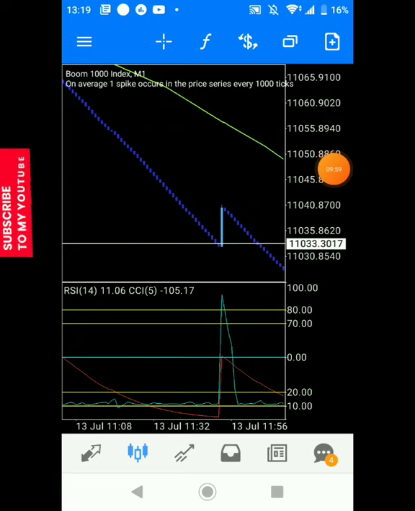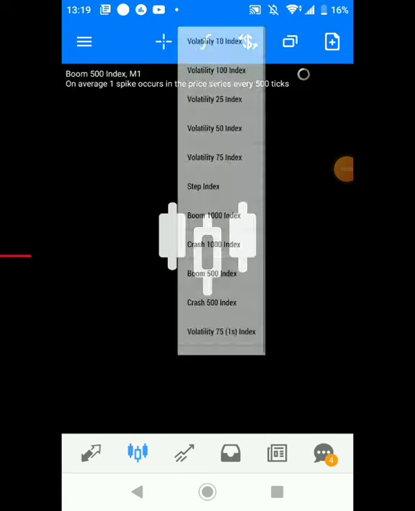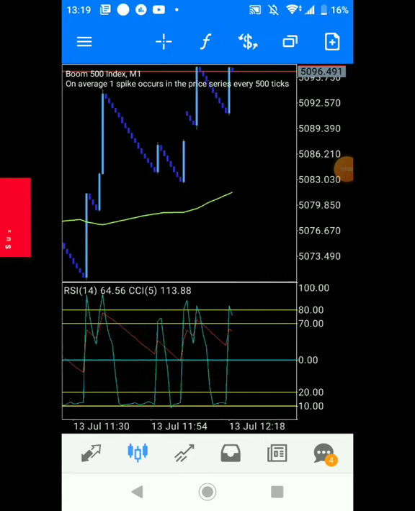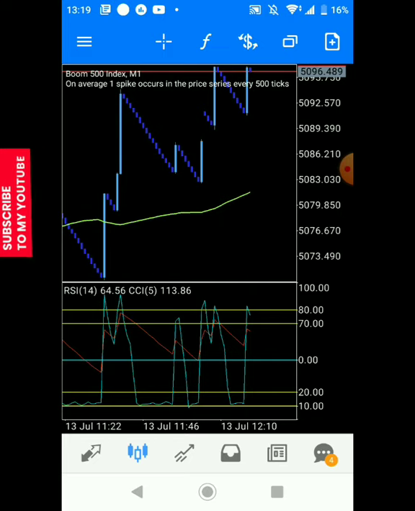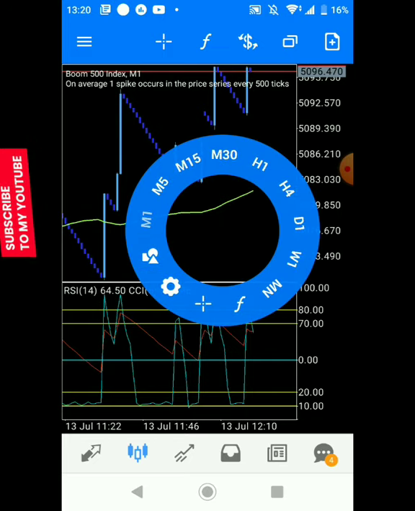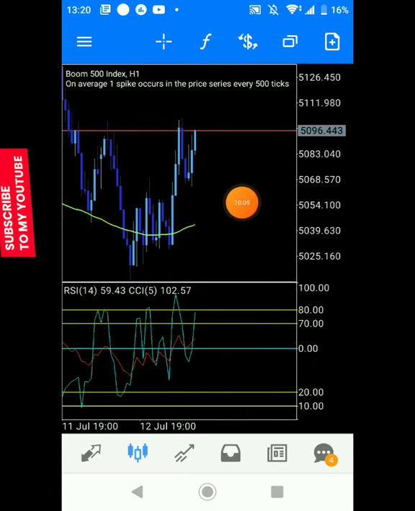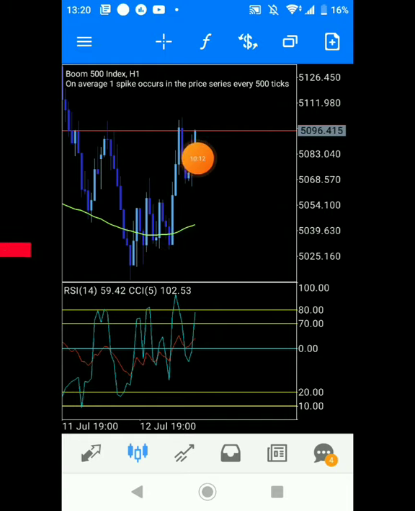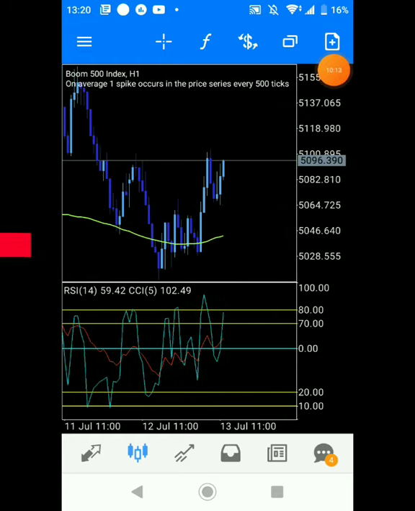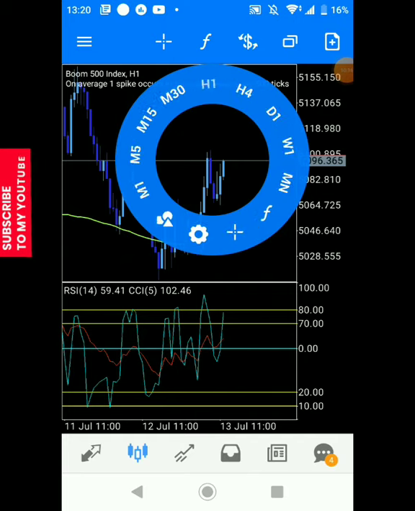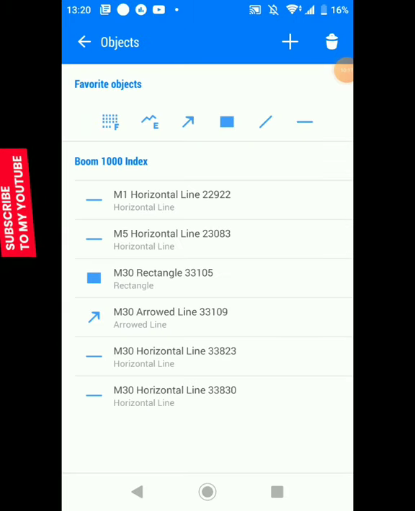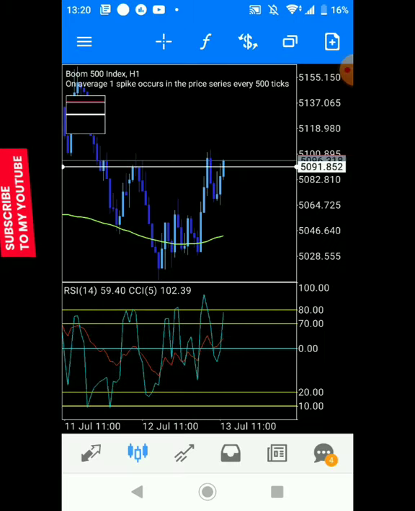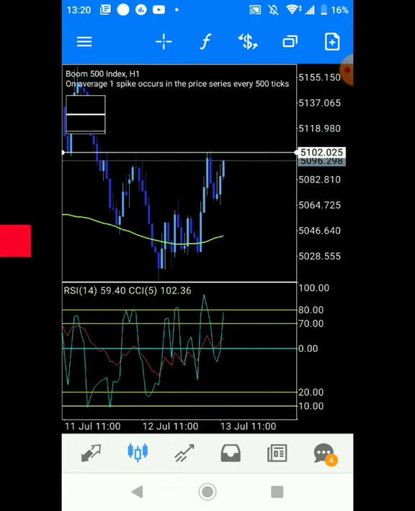Okay, let us see Boom 500. What is it doing currently? I guess the bull market is in a buying bias. You can see the price going bullish, but if you're adding your price action, you get to notice that it is in a resistance zone.